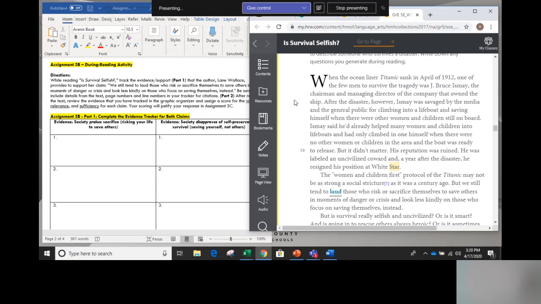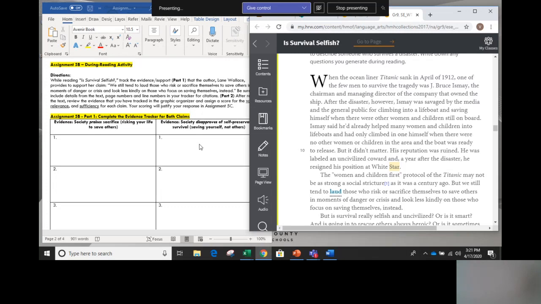Ismay said he'd already helped many women and children into lifeboats and had only climbed in one himself when there were no other women or children in the area and the boat was ready to release. But it didn't matter. His reputation was ruined. He was labeled an uncivilized coward, and a year after the disaster, he resigned his position at the White Star.